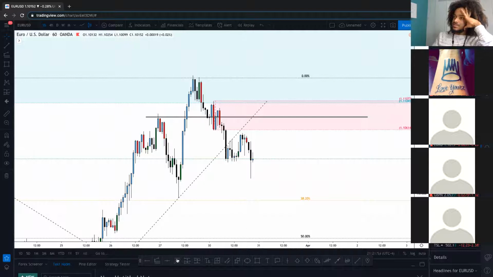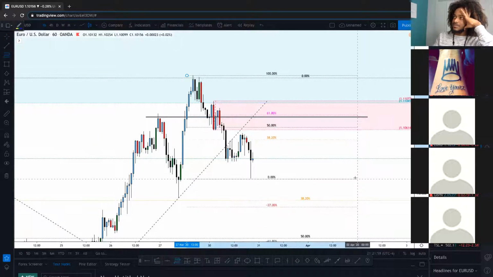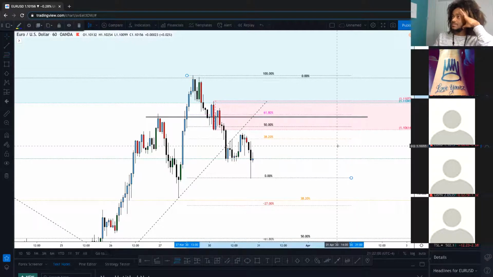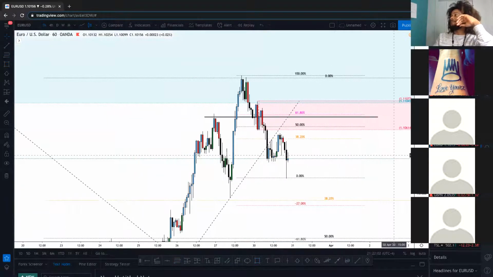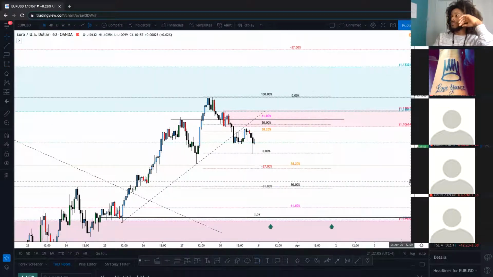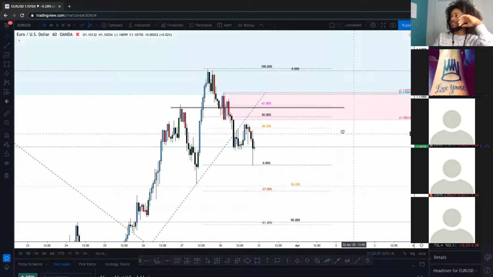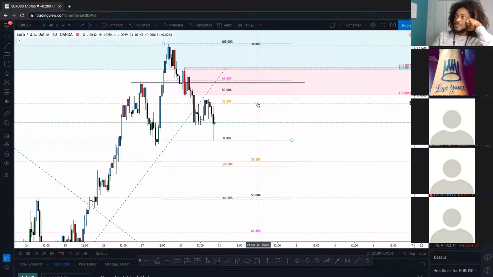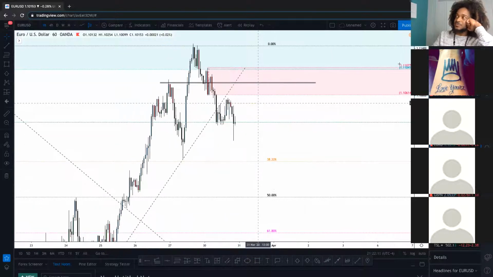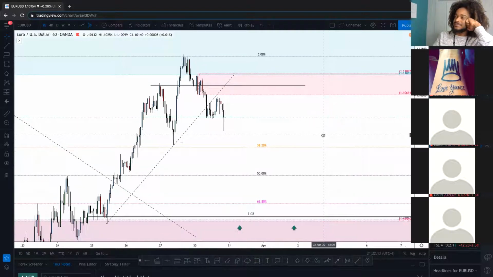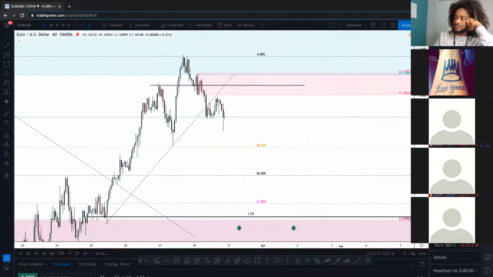Let's see what the Fibonacci would say. Right, so we have a 61.8 in the highlighted area. So yeah, the chart looking a little dirty right now. But once you have an understanding of the way the market is going, then you could clean it up, right? So here's the idea.